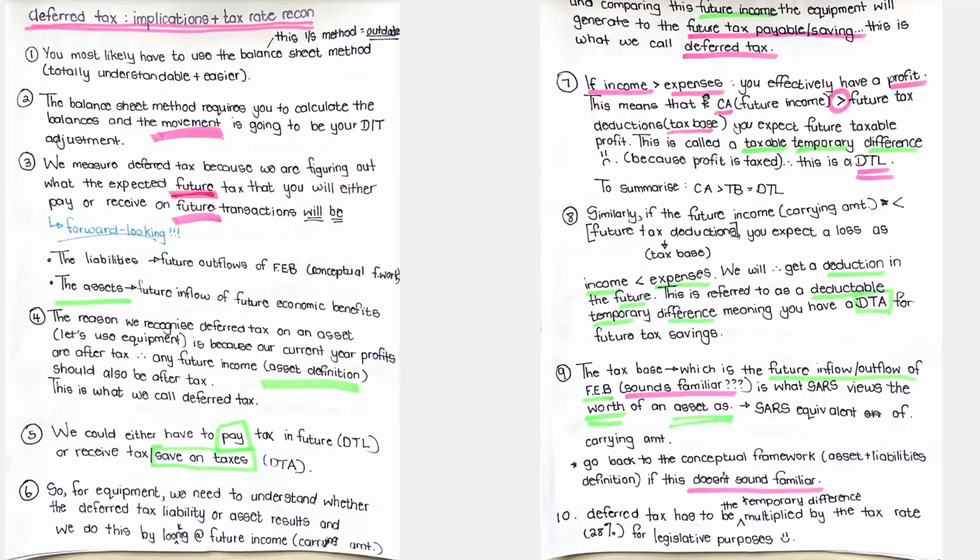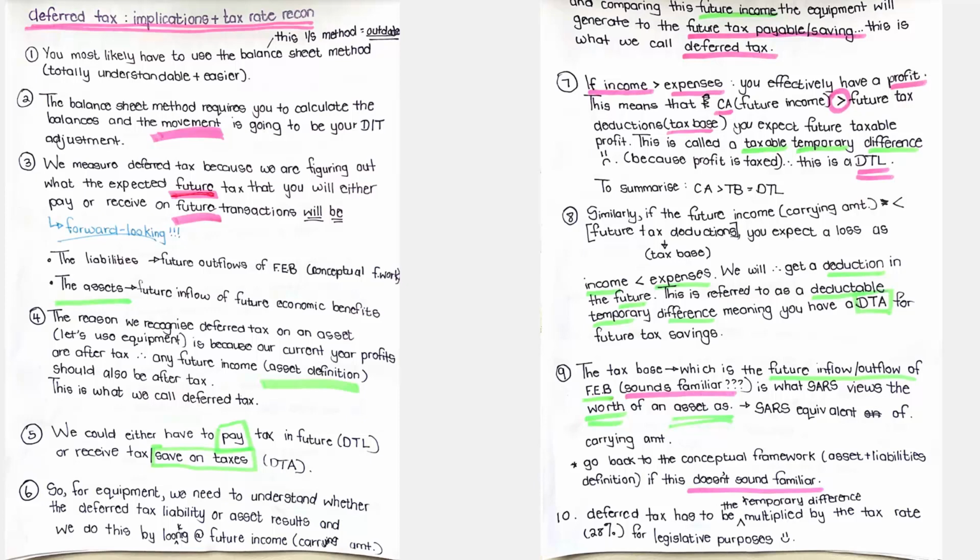But if your future income from a carrying amount perspective is greater than your future tax deductions, you have a problem, because you're going to be taxed in the future on that income. And this is what we call a taxable temporary difference, which results in a deferred tax liability.